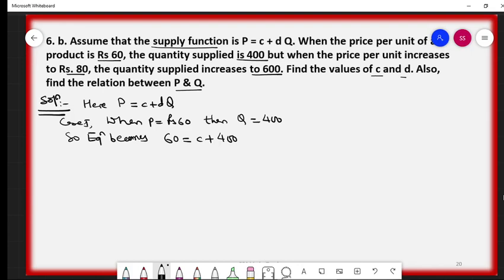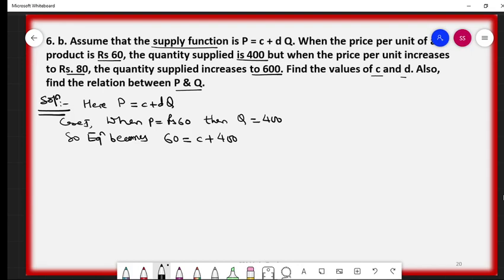And our second case is when price equal Rs 80, dear students, then Q equals 600. So the equation becomes 80 equal C plus 600D.